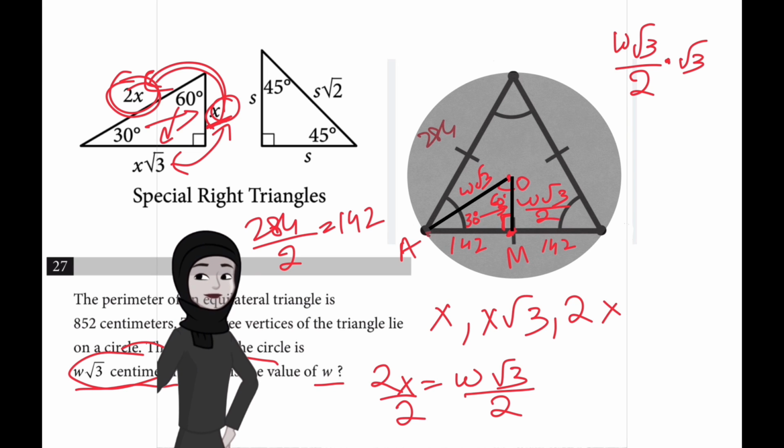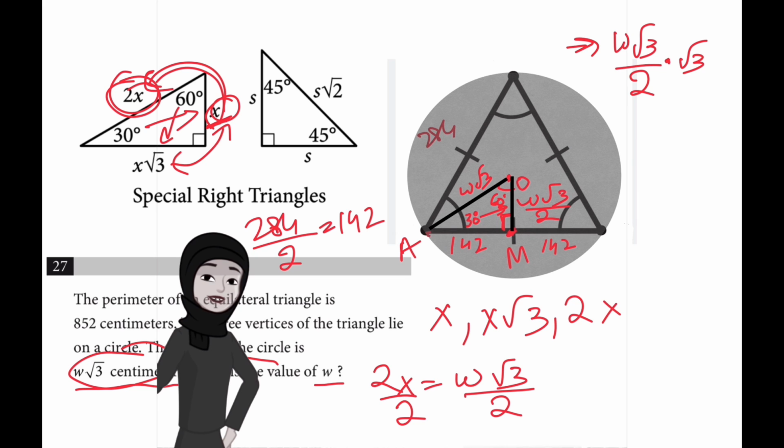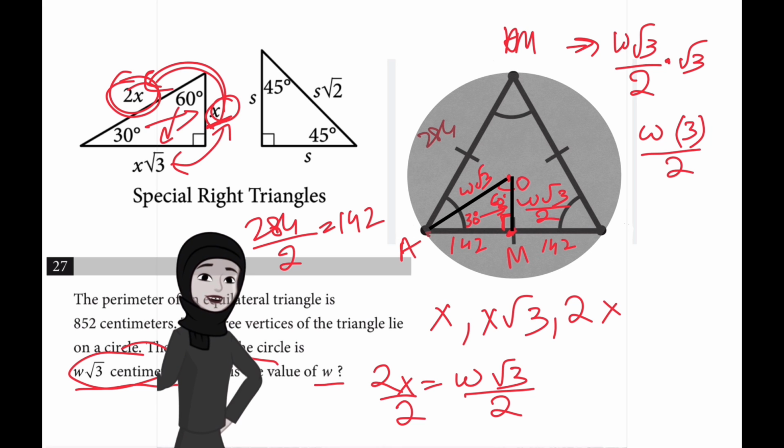Here w root 3 by 2 is the length of the side opposite to 30 degrees. So if we multiply by root 3, we will get the length of the side opposite to the 60 degree, or the length of AM. That will be w times 3 by 2. So this is the length of AM.